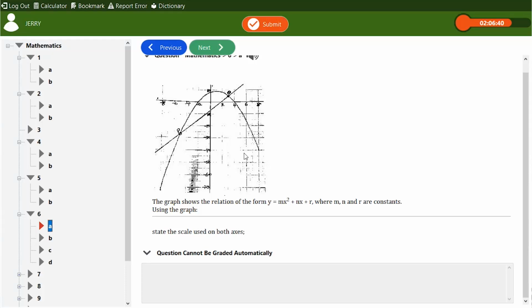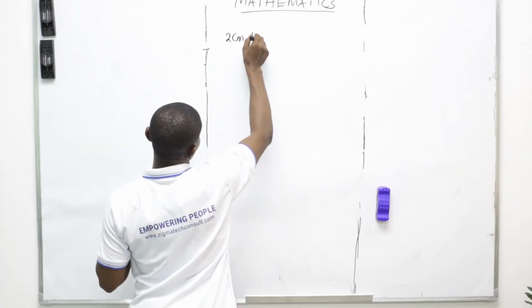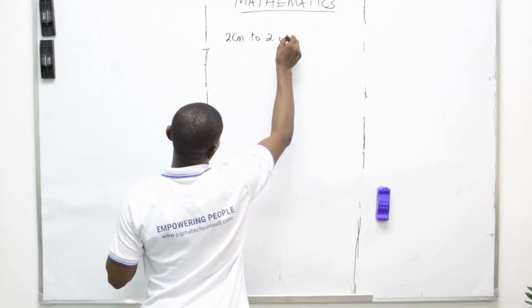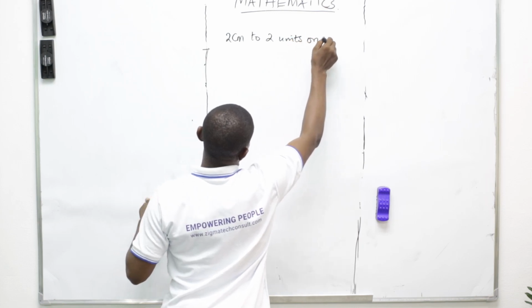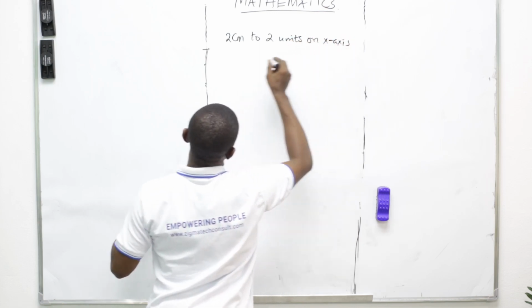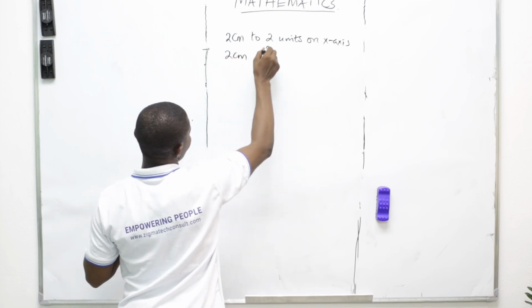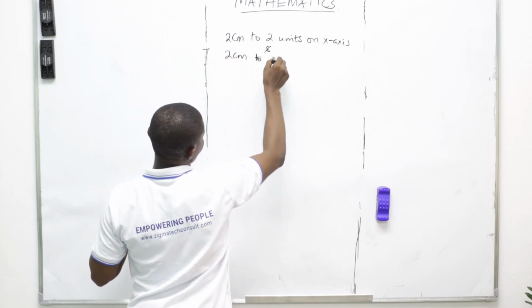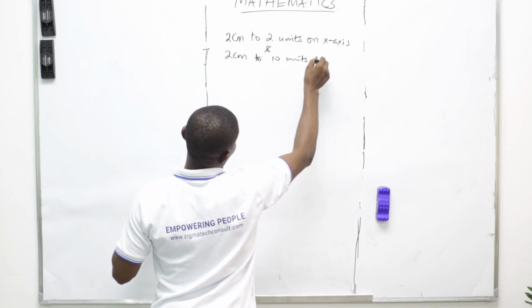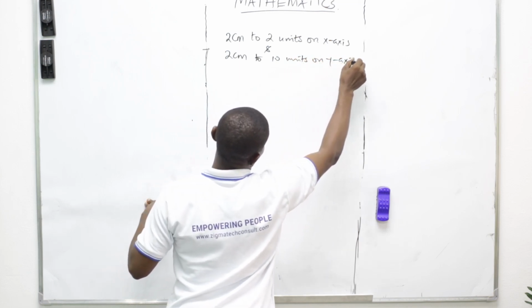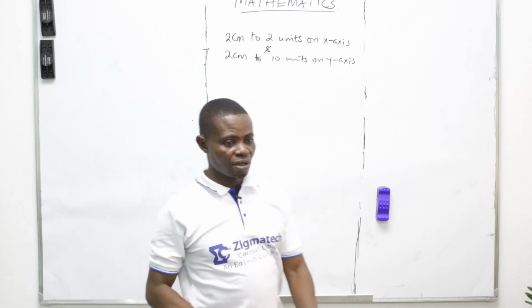Simply 2 cm to 2 units on x-axis and 2 cm to 10 units on y-axis. That's what we have there.